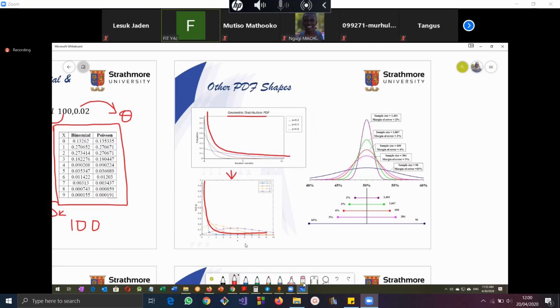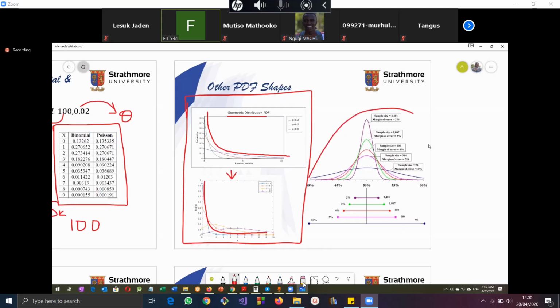These are examples of discrete distributions. On this other side, we have the famous probability distribution. This is the normal distribution with different values. You can see the way the curve is behaving. It might look similar to what we were measuring last time.